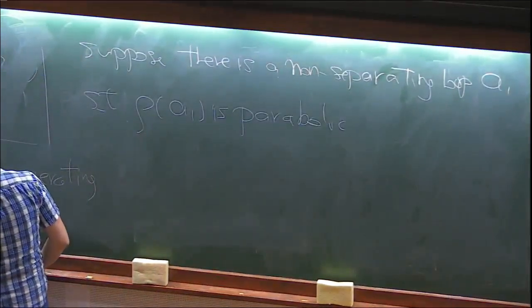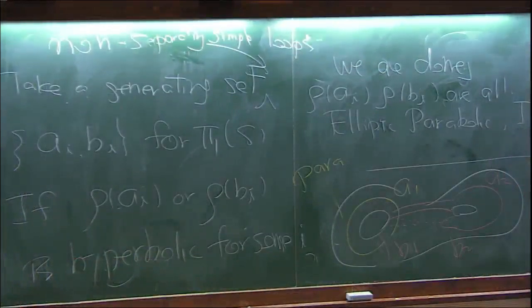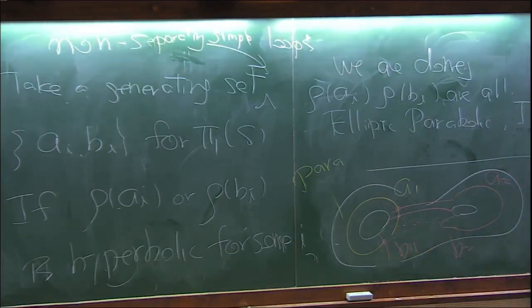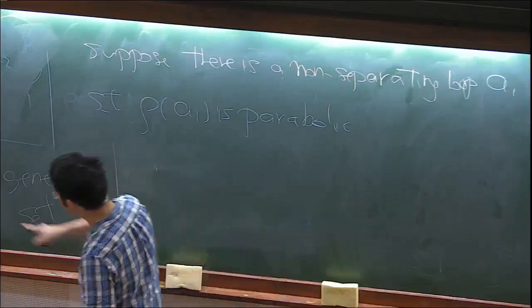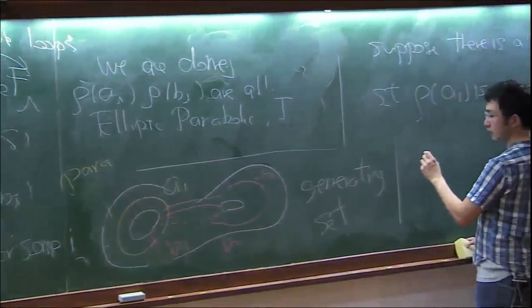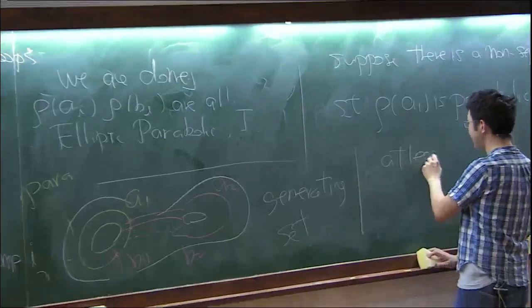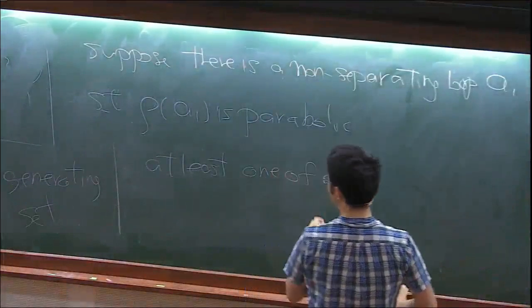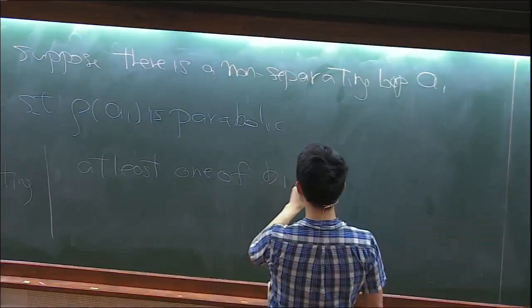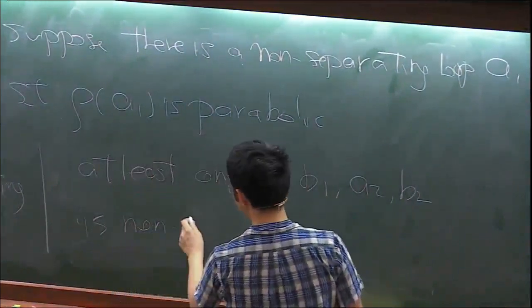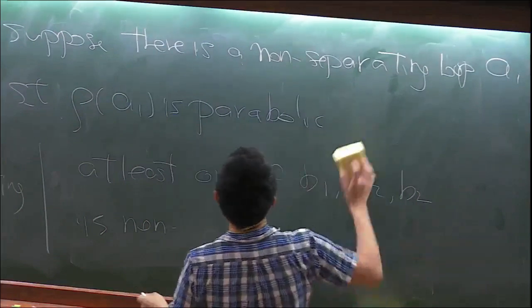Each B1, A2, B2. And then the claim: at least one of them is non... Okay, let me just write for the genus 2 case, at least one of B1, A2, B2 is non-elliptic.